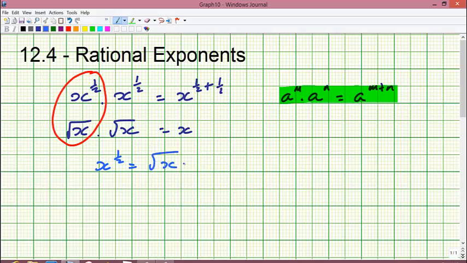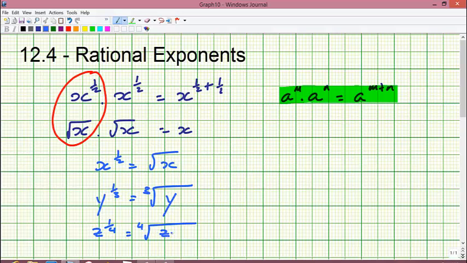Okay? And this notation follows on. We can say that y to the power of 1/3 equals the cube root of y. Z to the power of 1/4 equals the fourth root of z, and so on.